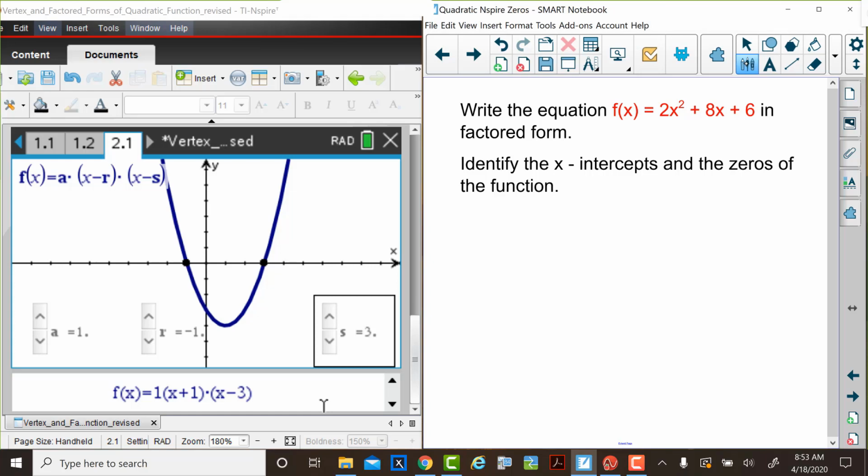Hopefully you first noted that on the right-hand side of the equation, 2 is a common term. Judy's going to start out writing the factored form by factoring 2 out of the trinomial. So we'll have 2 multiplied by x squared plus 4x plus 3.